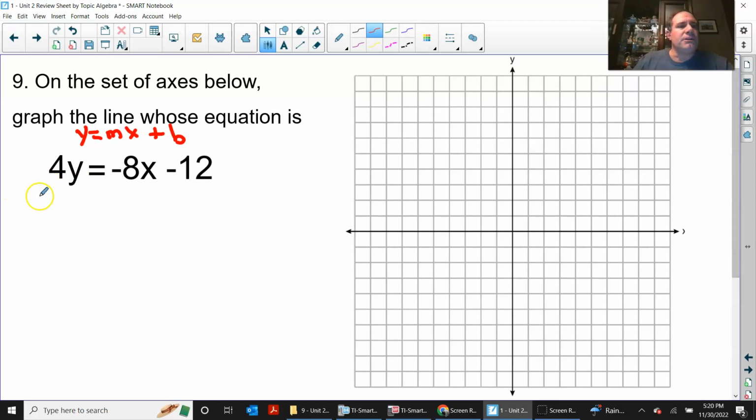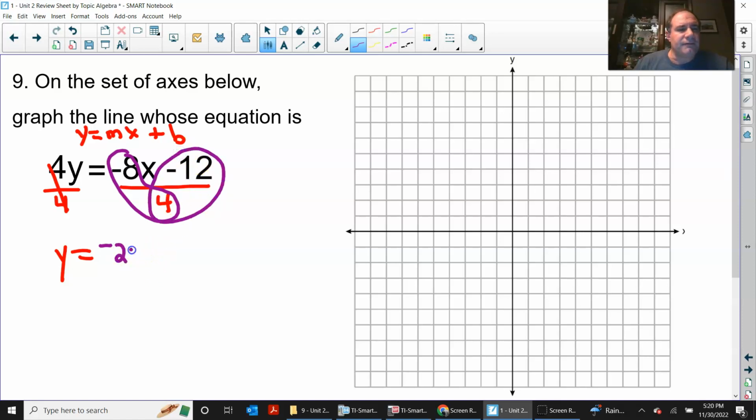And now you could go ahead and divide by 4. Y equals negative 8 divided by 4, which is negative 2, x. And then negative 12 divided by 4 is negative 3. Don't forget the x, by the way, I almost forgot the x.